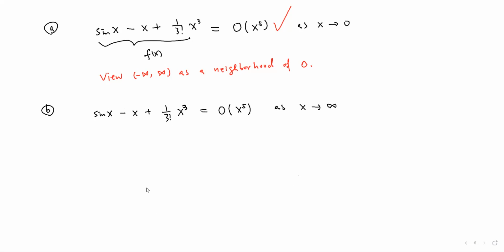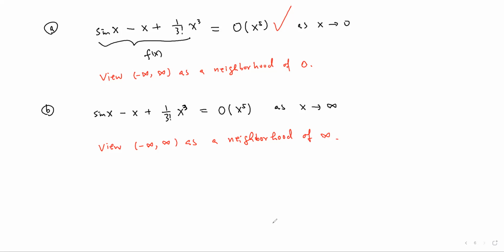This time I view this interval as a neighborhood of infinity.